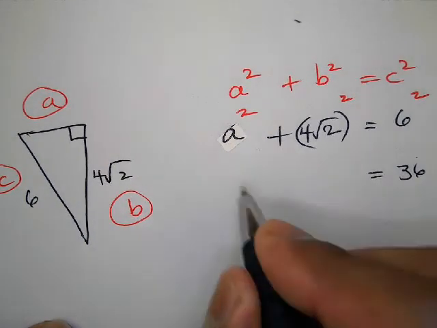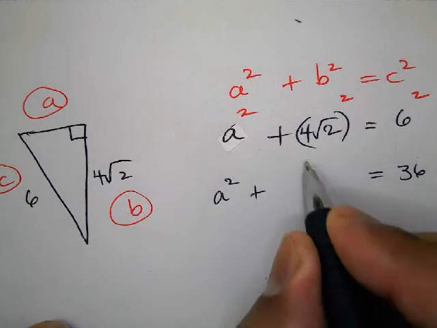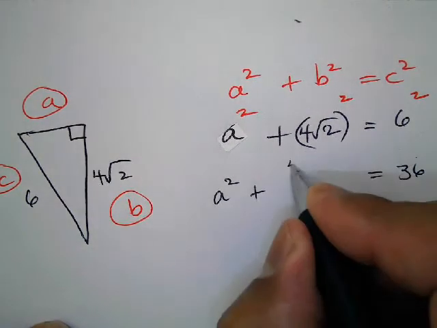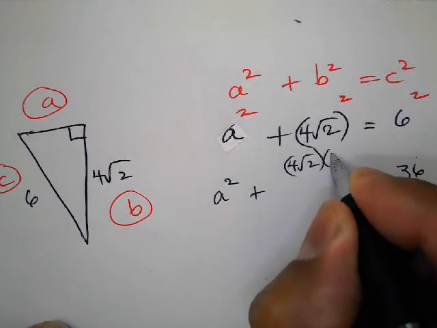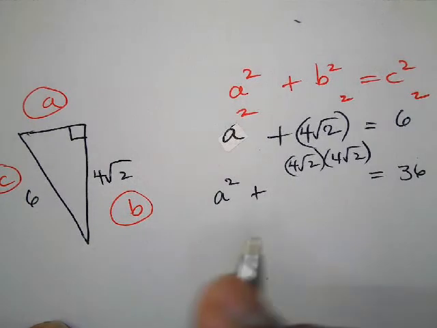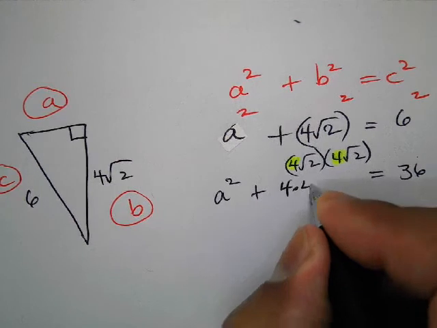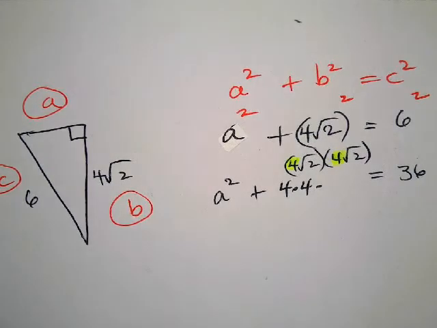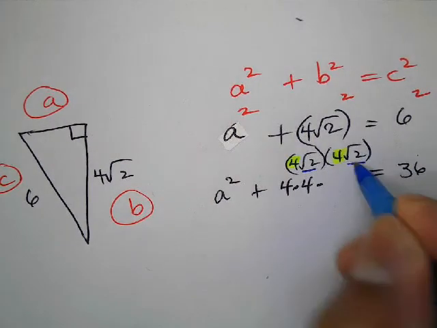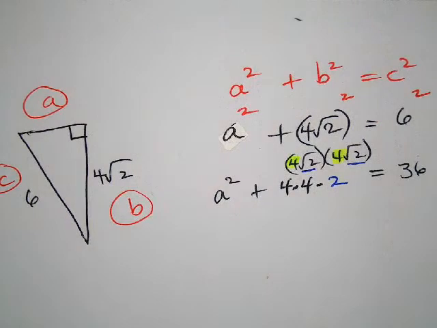Well, I know 6 squared is 36. I got that. A squared is just A squared. But here, this is 4 root 2 times another 4 root 2. That's going to be, again, 4 times 4, and then the square root of 2 times the square root of 2 is 2.